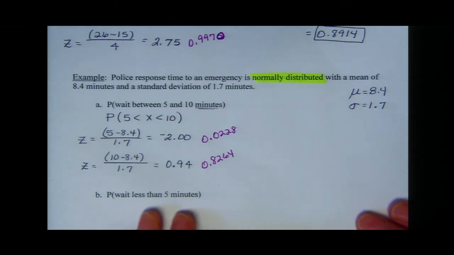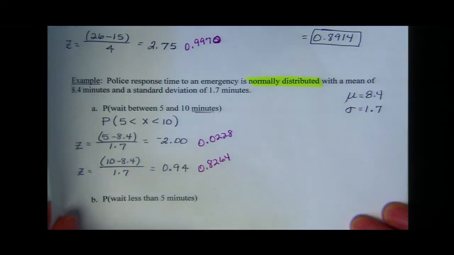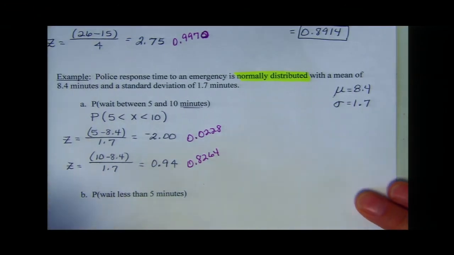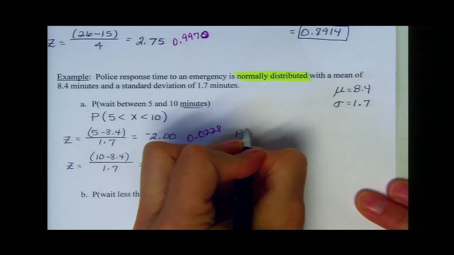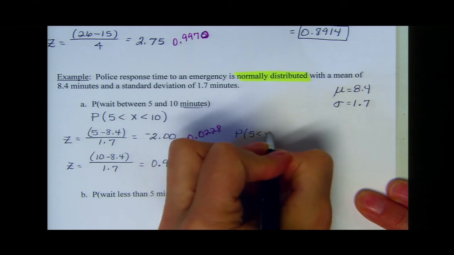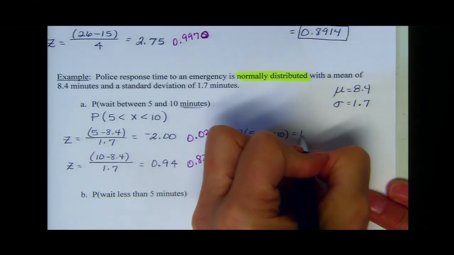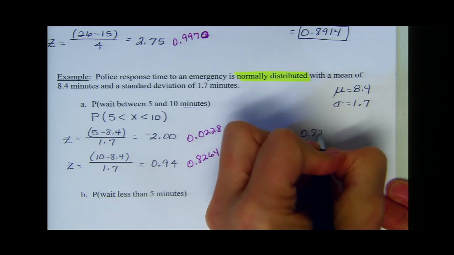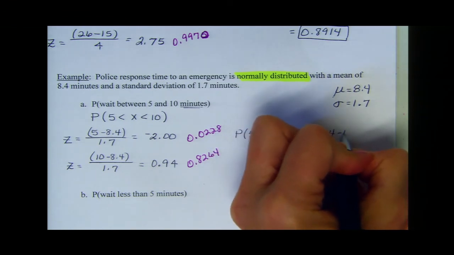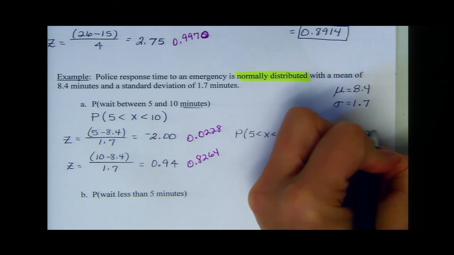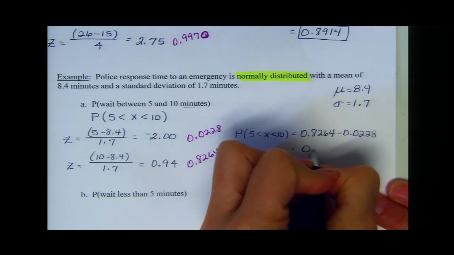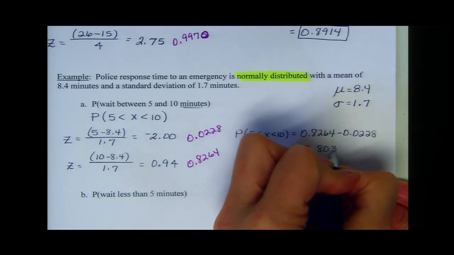And when it falls between, then we know that we always subtract the larger minus the smaller. So the probability that x is between 5 and 10 is going to be 0.8264 minus 0.0228, which gives me 0.8036.